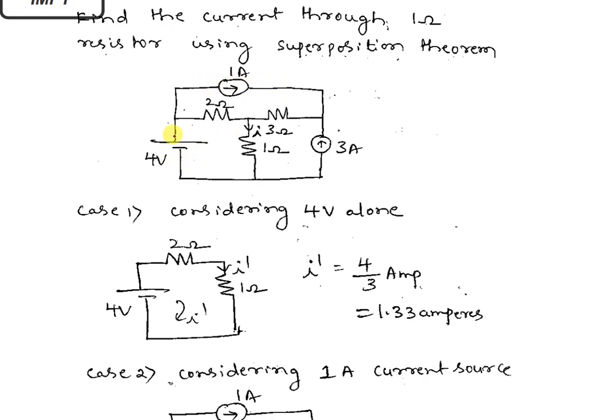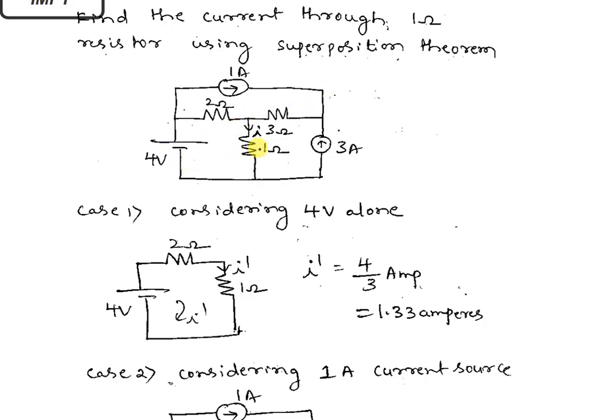Similarly, here if I short circuit these two terminals, the voltage value becomes 0. If you open it, then some voltage will be there between these terminals. So always voltage sources should be short circuited to make them 0 and current sources should be open circuited. So you have to solve this problem using three different cases.